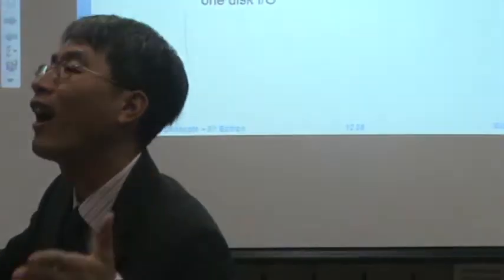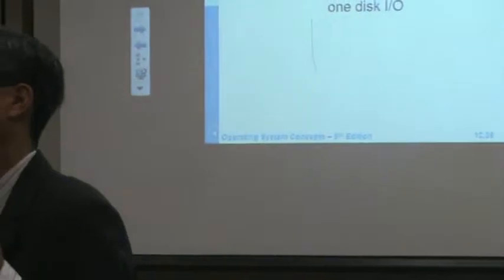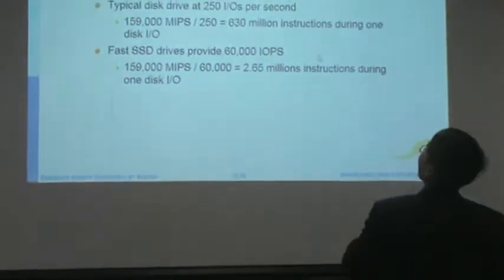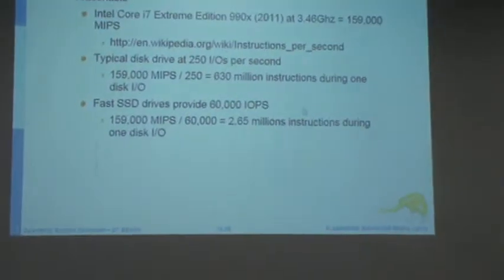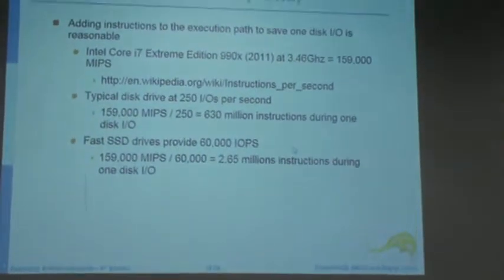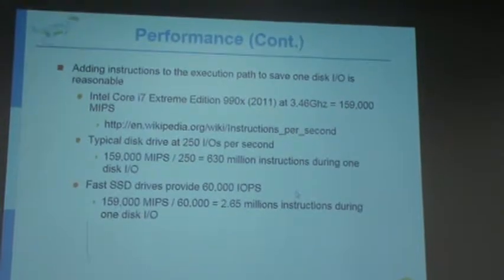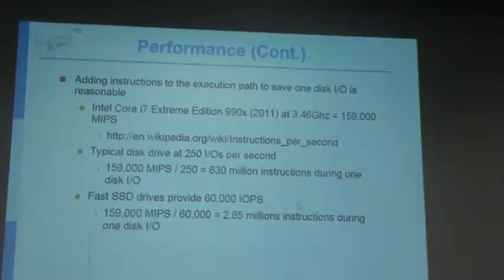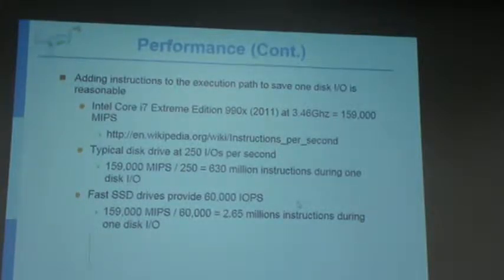At that time, we can count how many instructions are processed, so millions of instructions. For example, the Intel Core i7, one of the latest processor technologies, can process almost 160,000 millions of instructions per second.